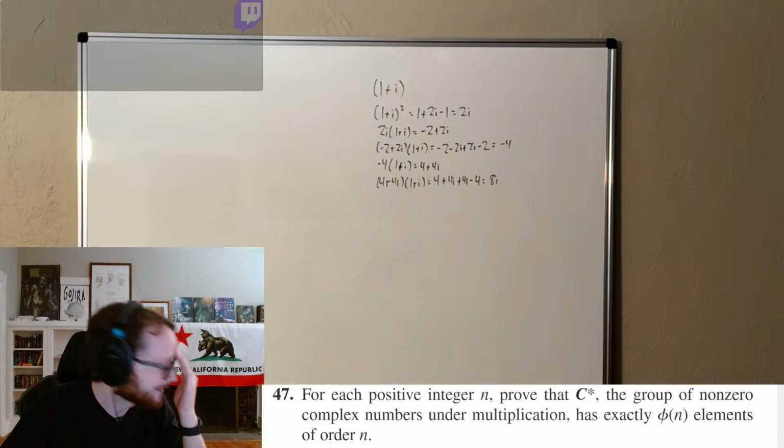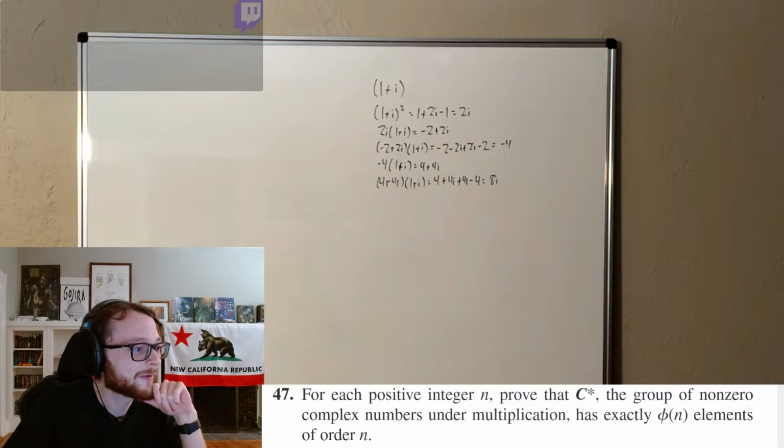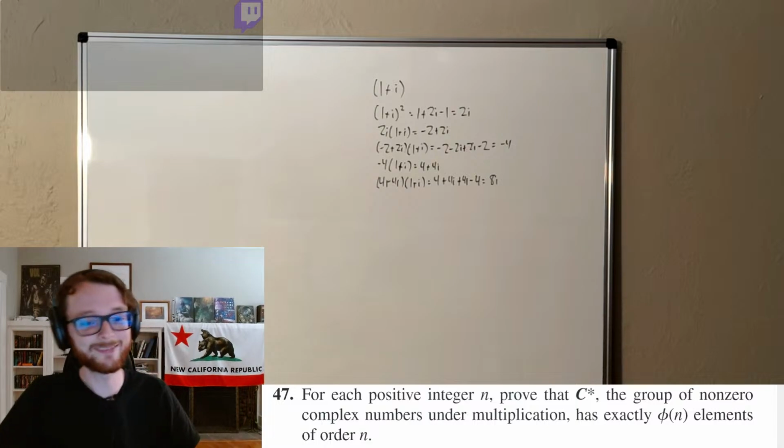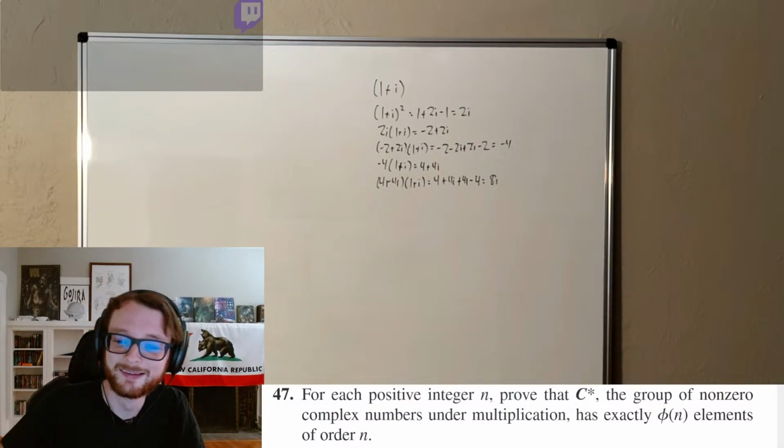Well, okay, so all the elements in C star are either order 1 if it's 1, or order infinity otherwise, right? And there's an infinite number of numbers that are relatively prime to infinity? This is just a weird question to me.